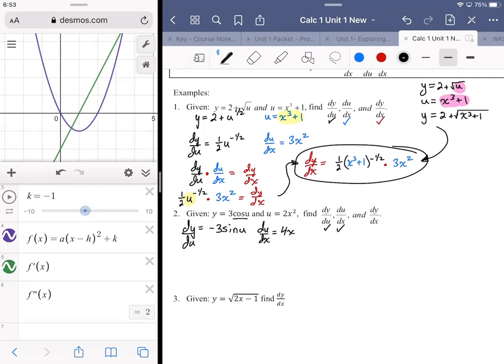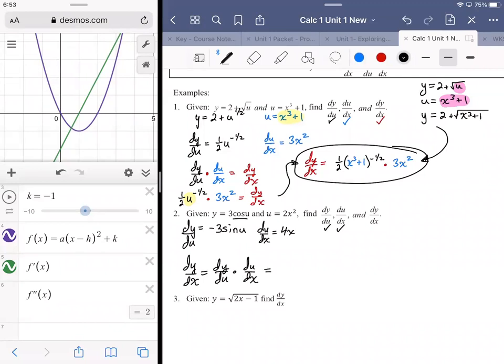dy dx is the product, right? Because dy dx is the same as saying dy du times du dx. If you were to cancel out the du's, you would get dy dx. That's how you know.